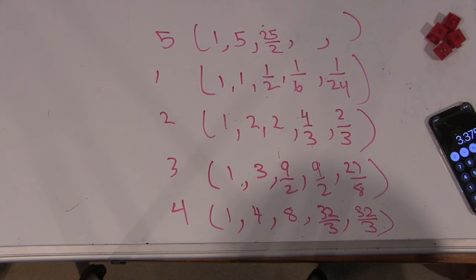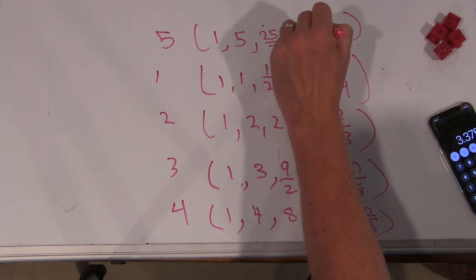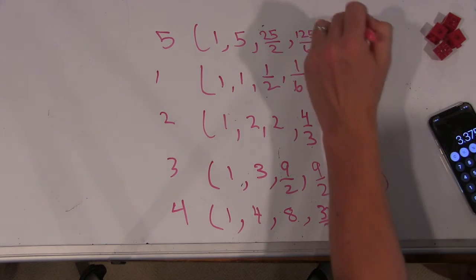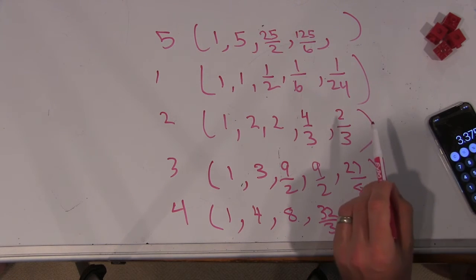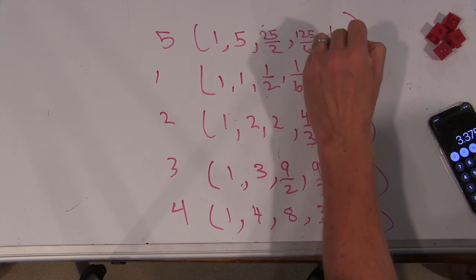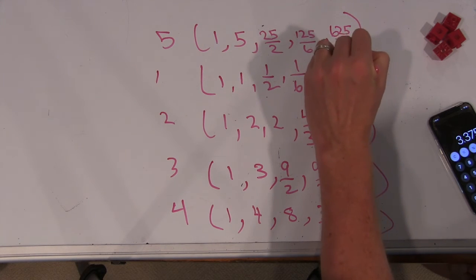And then multiply by 5 divided by 3, you get to 125 sixths. And then 625 over 36. Yeah. Or no, 24. 625 over 24. Doing the same thing.